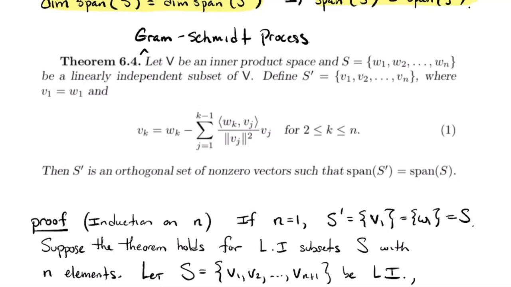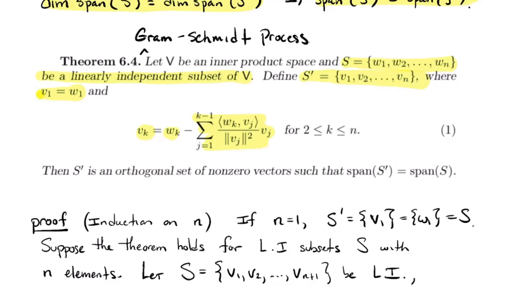And what does it say? It says if you take any set of linearly independent vectors in an inner product space V, and you define a new set S prime, as we did above, the first element of S prime is the same as the first element of S, and then the subsequent elements are formed by taking the elements of S and subtracting those scalar multiples of the previously constructed elements of S prime.